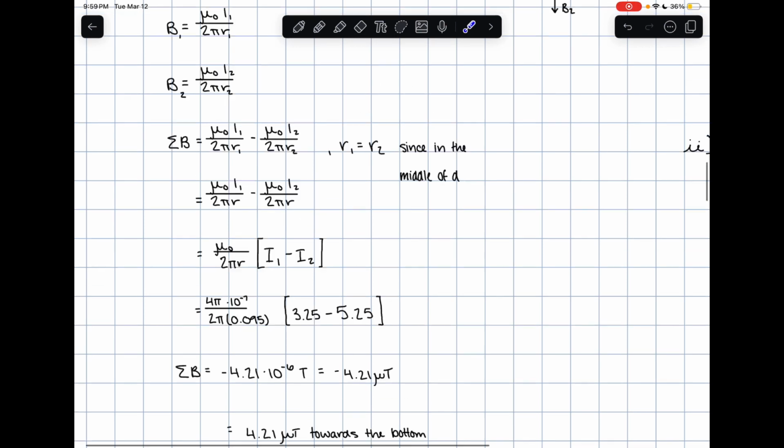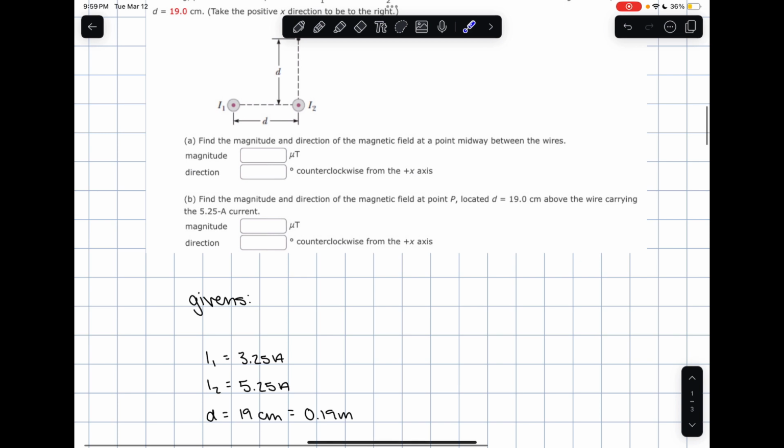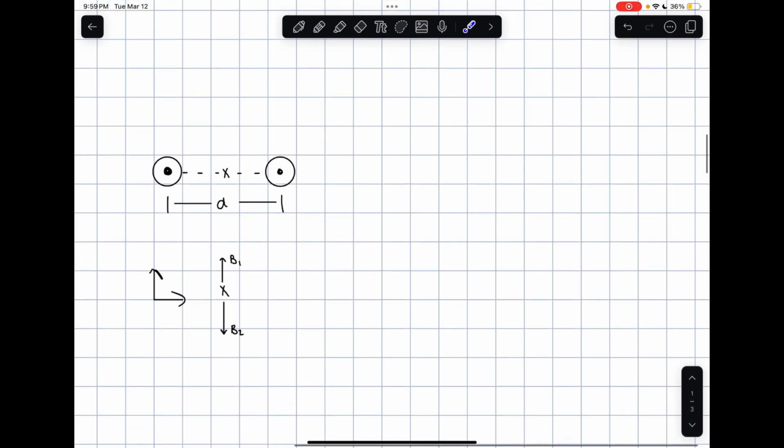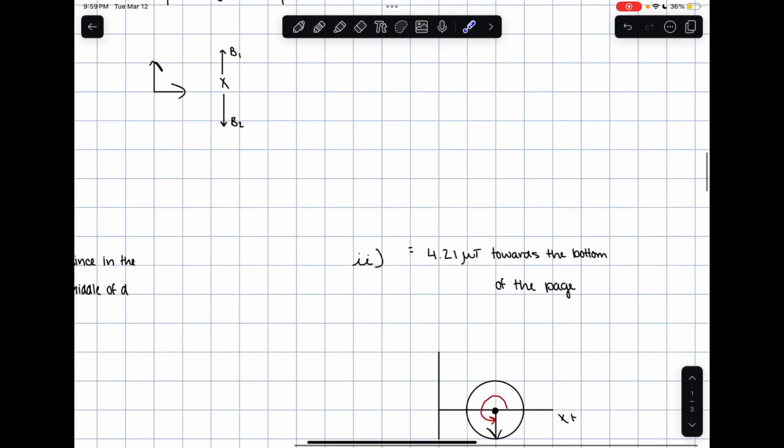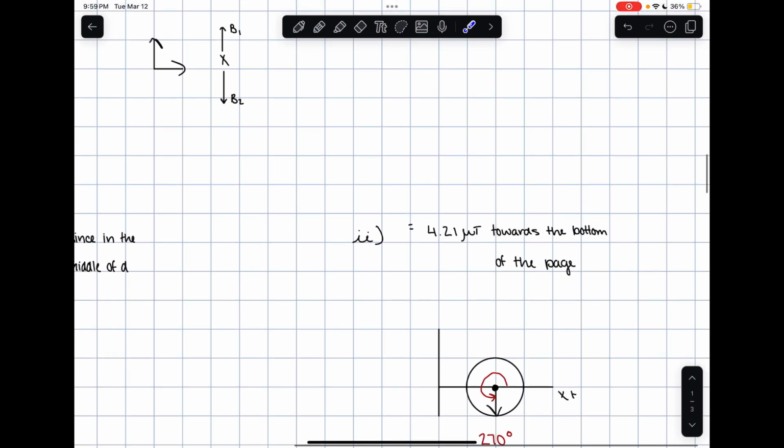Now, let's look at part 2, which is determining the direction, keep this in mind, counterclockwise from the positive x-axis. So the easiest way I like to do this is drawing the x-axis, and then since we know this is towards the bottom of the page from our negative sign, I'm going to draw an arrow straight down representing that 4.21 microteslas.